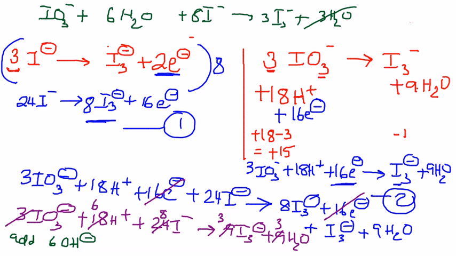And so 3 waters from here are going to cancel off 3 of those to give you the remaining 3. What finally remains in your equation is going to be your balanced reaction. So your final reaction should look like IO3 negative plus 3 H2O plus 8 iodide, I minus, gives you 3 I3 negative plus 6 hydroxides. And that's it.